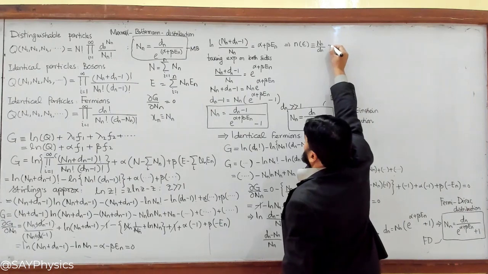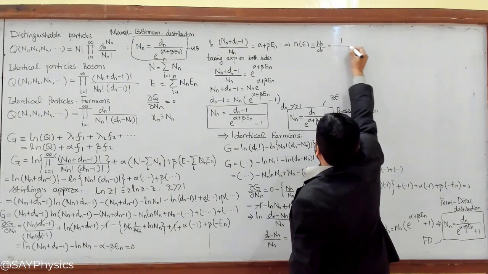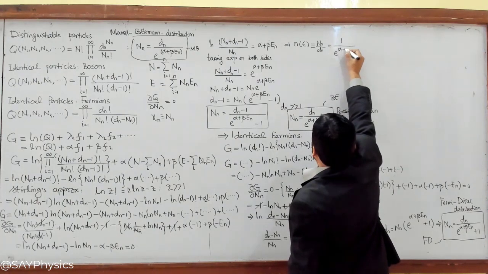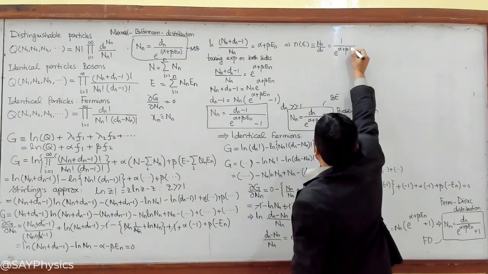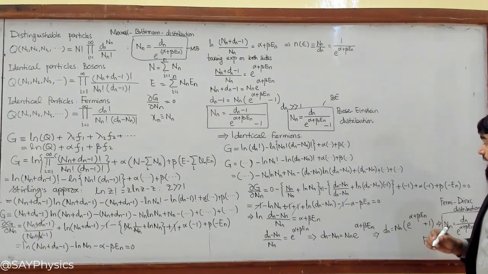Then this thing is equal to 1 over e to the power alpha plus beta En.